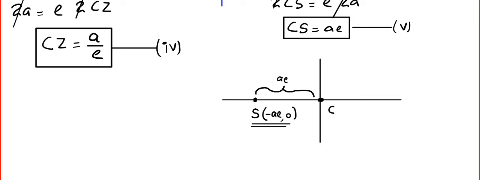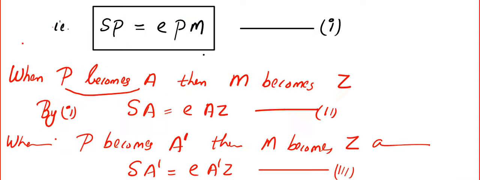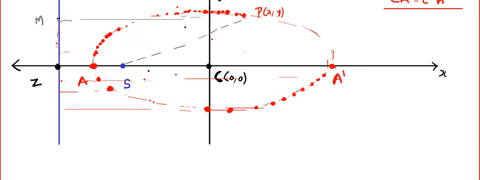So you can write, therefore, S is minus AE, 0. And just beneath it you can write, also P is, do you still remember what is P? The moving point, the locus point? Yeah, P is X, Y.